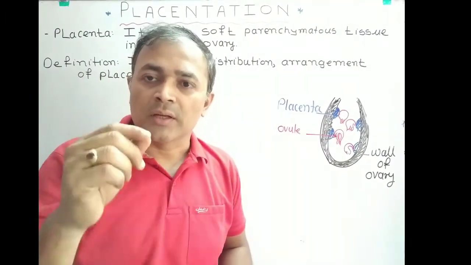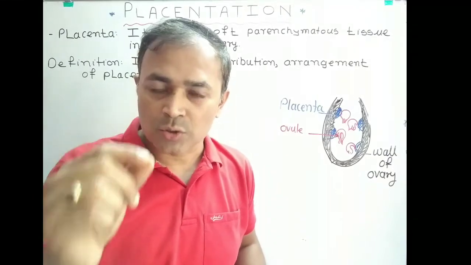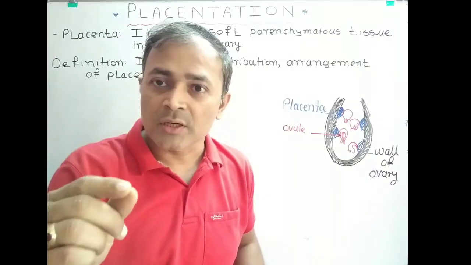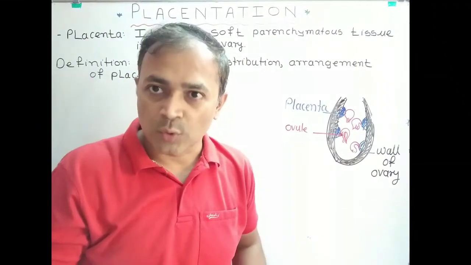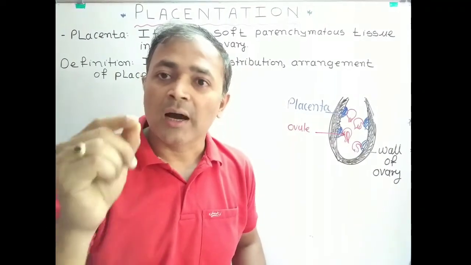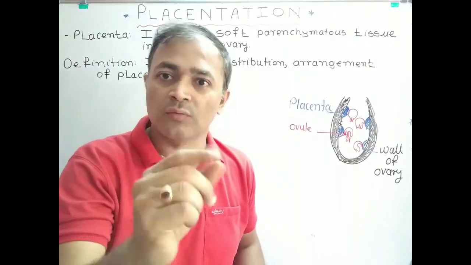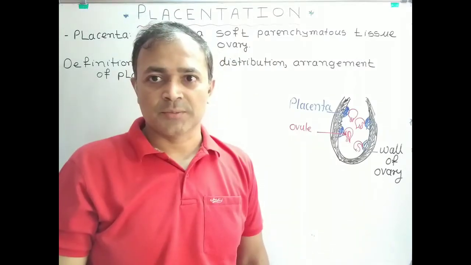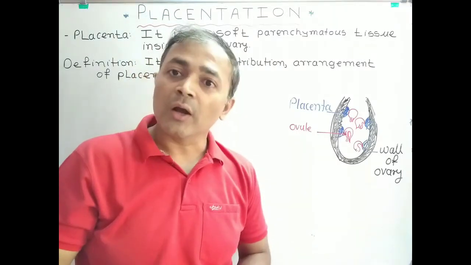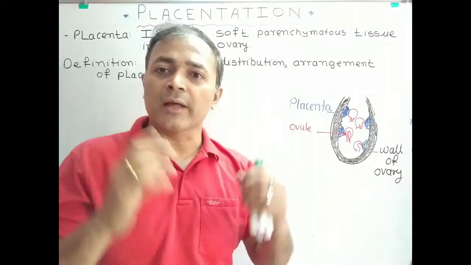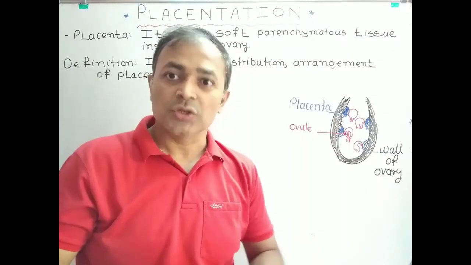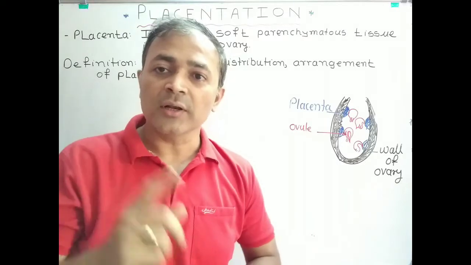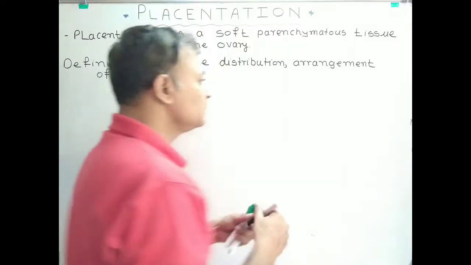I repeat, placenta is a parenchymatous tissue present on inner walls of the ovary for attachment of ovules. There are different types of placentations. In this video, we are going to talk about different types of placentations in detail, considering some examples.